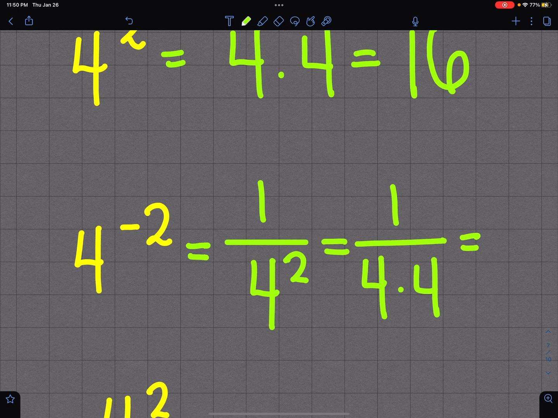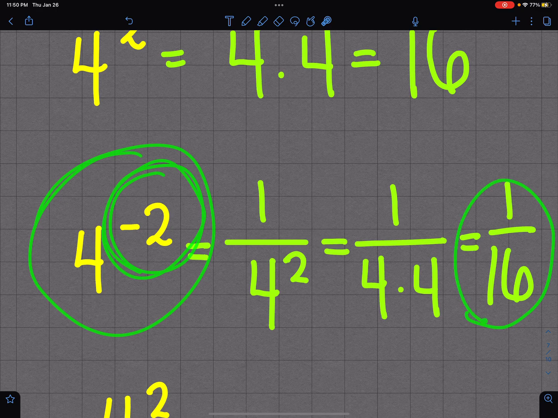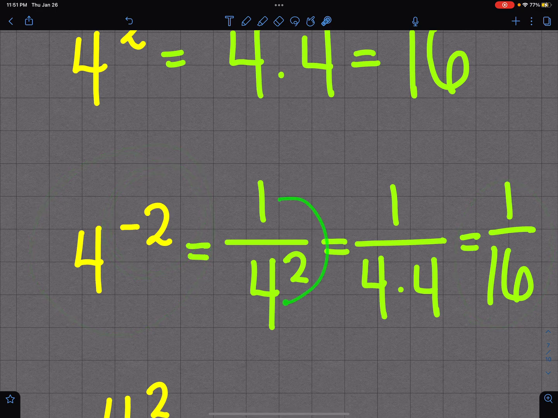Okay, and so this is actually 1 over 16. Okay, I think you get that because I think that we have gone over that. But the negative exponent does not mean the opposite of this. It means that you move that to the denominator. Okay, all right, we got that.